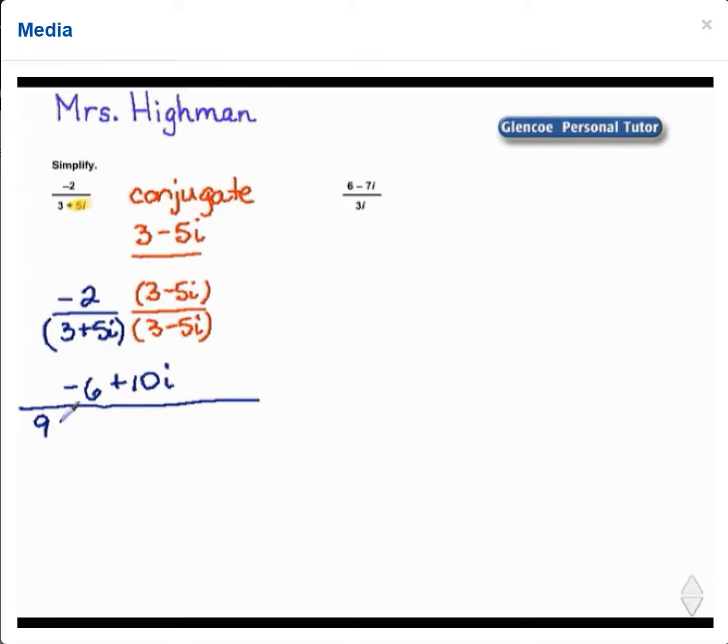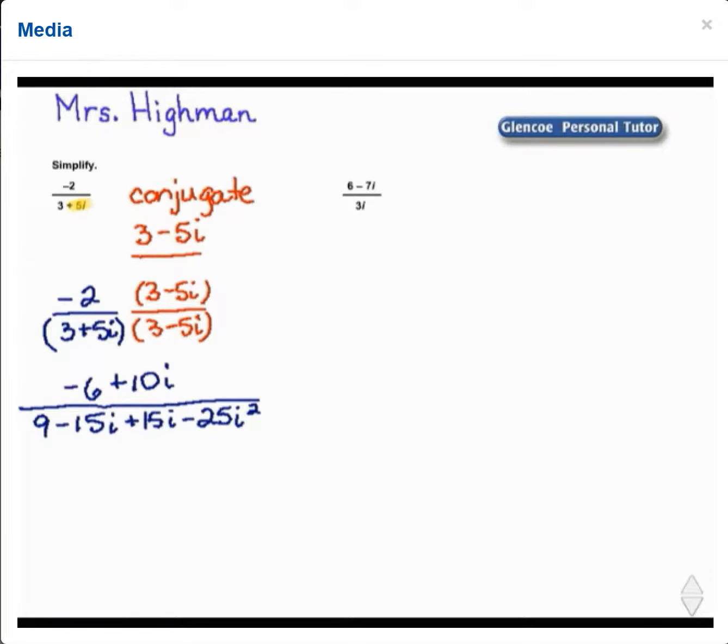And then 3 times negative 5i would be negative 15i. And then distribute the 5i to each term. So 5i times 3 would be a positive 15i, and 5i times negative 5i is minus 25, and this time i squared, because i times i is i squared.